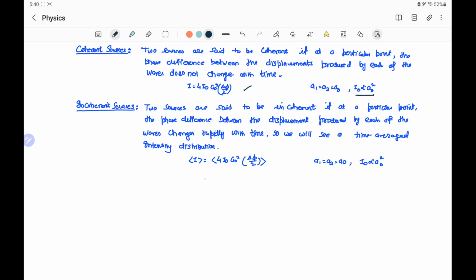So it will be equal to 4 I naught into average of cos square (delta phi by 2). And average of cos square of the angle is half. So it will be equal to 4 I naught into 1 by 2, so it is equal to 2 I naught. That means average intensity at a point due to the incoherent sources will be the sum of the intensity due to the individual sources. Let's take some example.